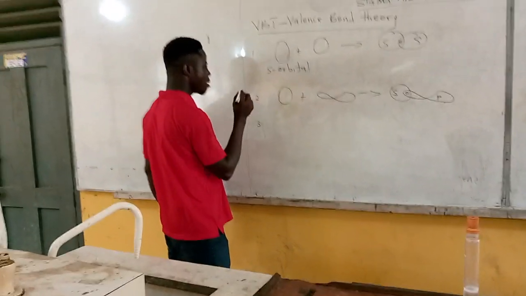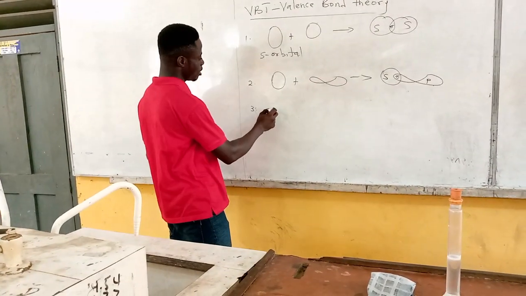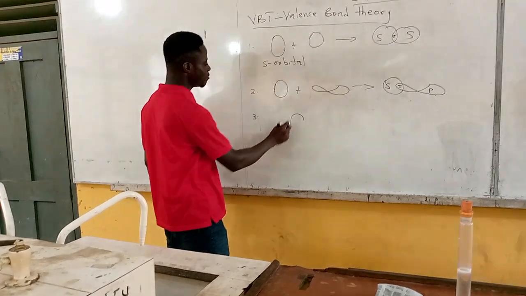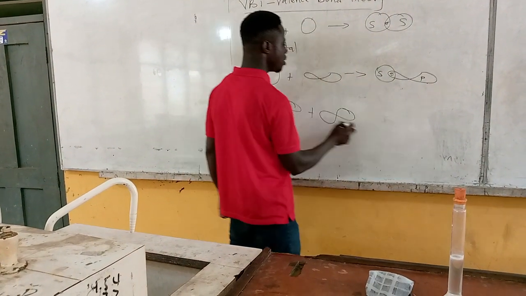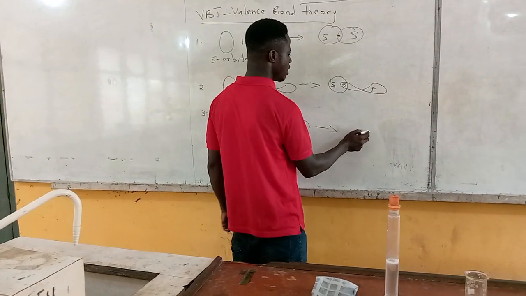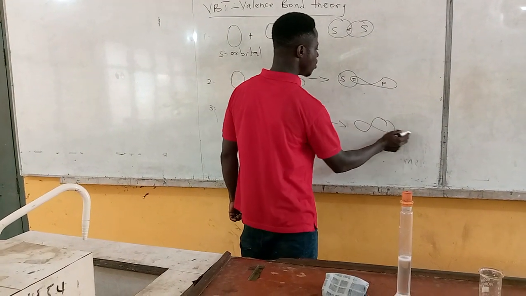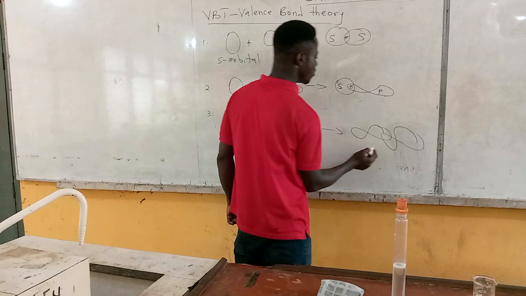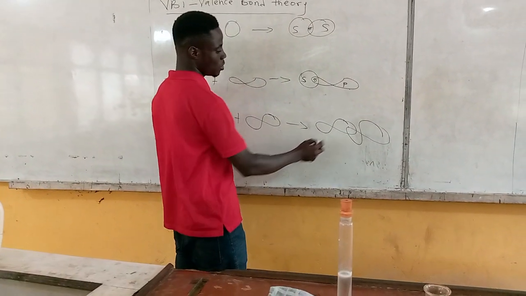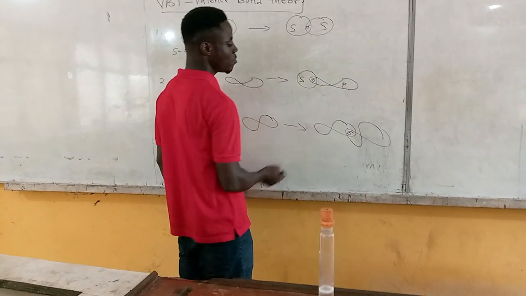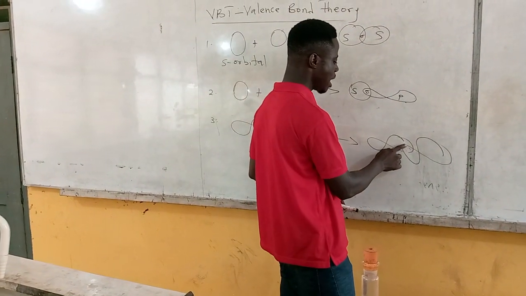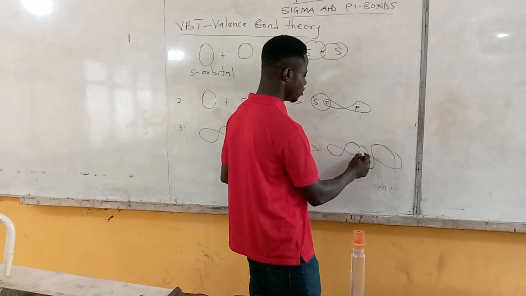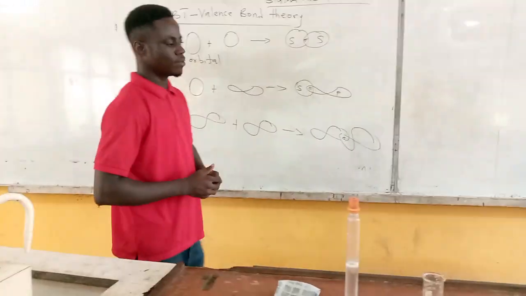Another condition for sigma bonds to be formed is when we have a p orbital mixing with another p orbital. So in this case, we have one p orbital mixing with another p orbital. You can see the head-on overlap formed here becomes our sigma bond. So this is another condition.